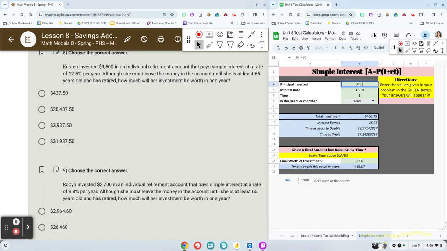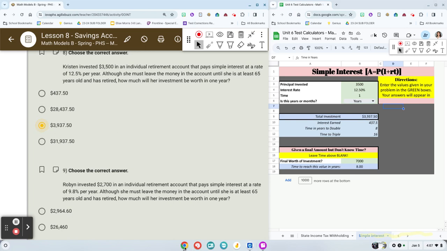Okay, let's plug it in. 3,500. Here's the interest rate. It is 12.5%. We want 1 year again. And so it looks like her investment will be worth $3,937.50.